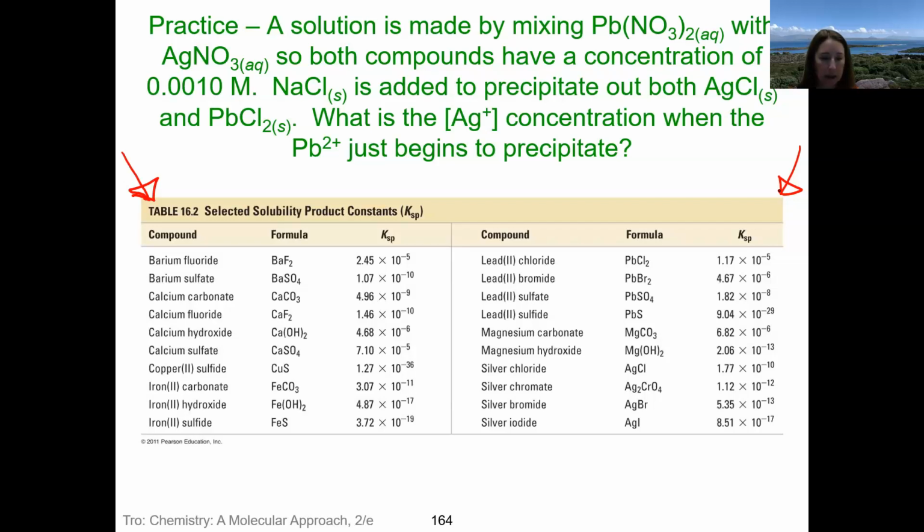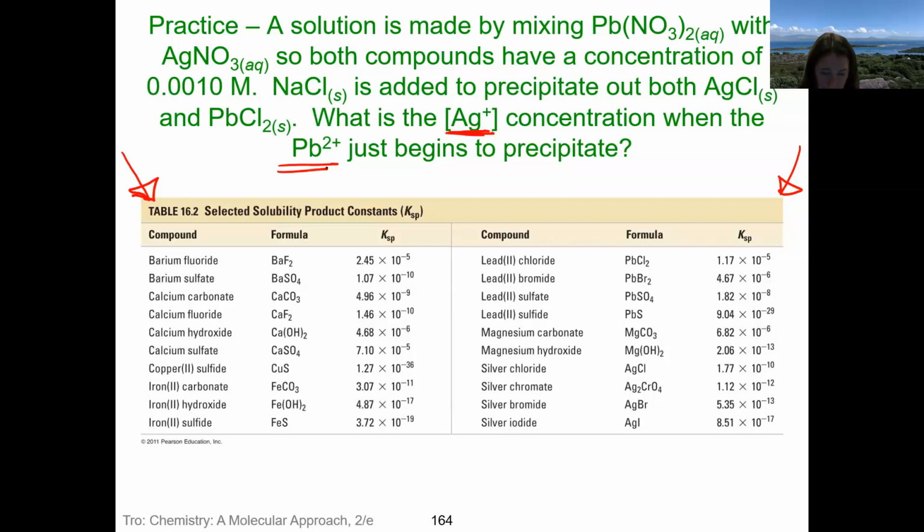Okay, so we're going to mix lead nitrate with silver nitrate, right? And then we're going to add chloride to that to separate out silver chloride and lead 2 chloride. We want to know what Ag+ is when the Pb2+ just begins to precipitate.